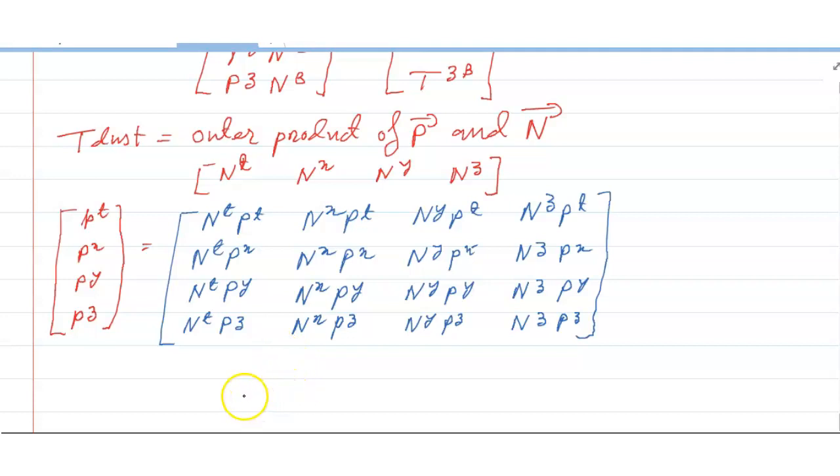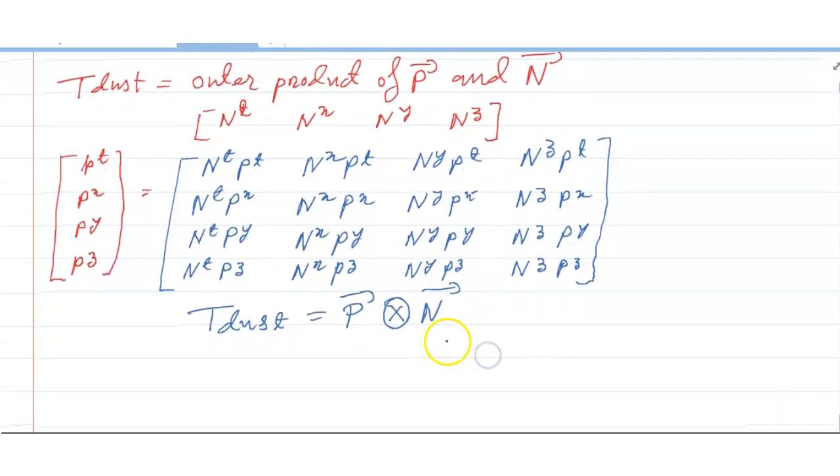So I can write T dust equals P cross N, meaning the product of four-momentum and number flux four-vector. The energy momentum tensor is rank 2 and needs two transformation matrices. This is the rank 2 energy momentum tensor.